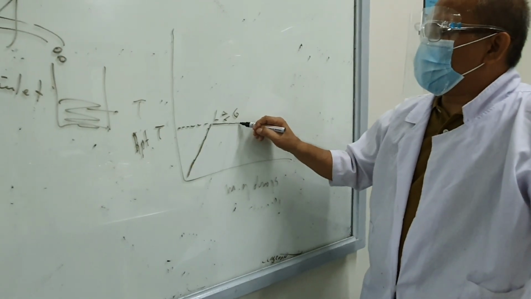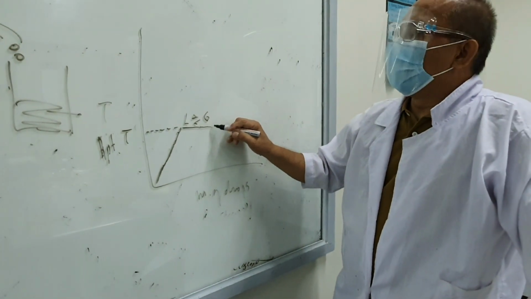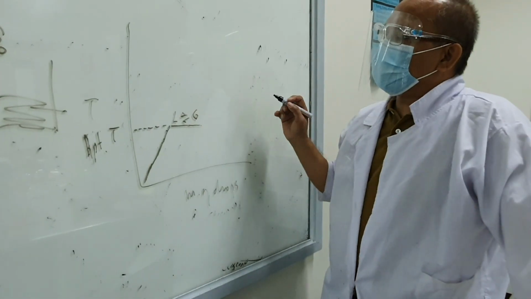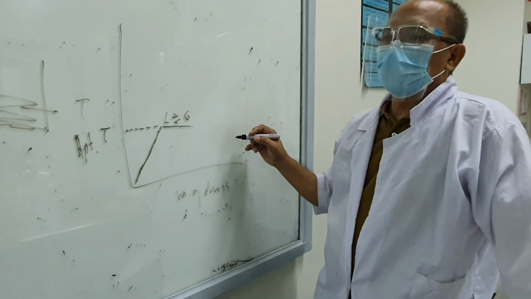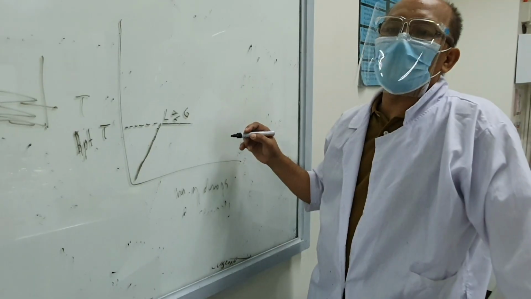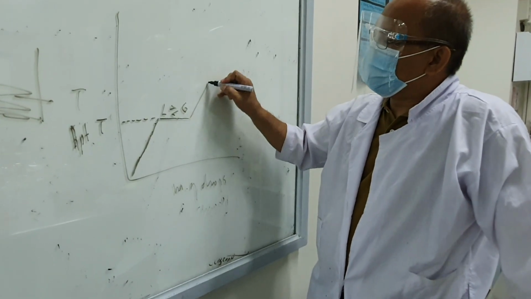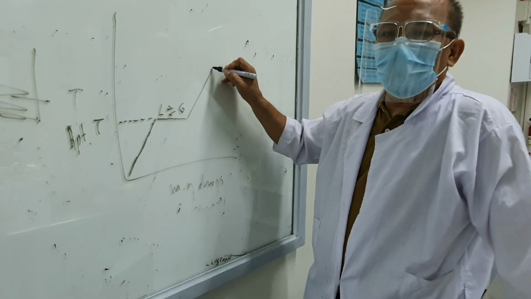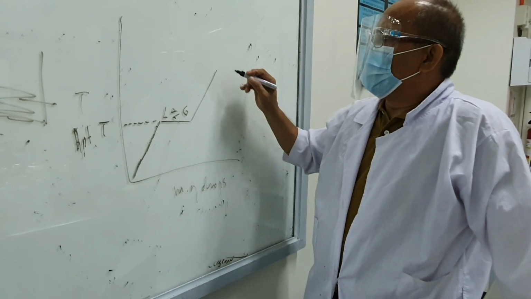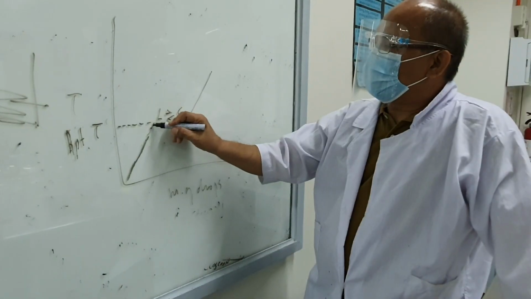So you will observe a plateau. And once the liquid is converted into a gas completely, there is no equilibrium, so this will increase again, like that. So you will observe a zigzag.